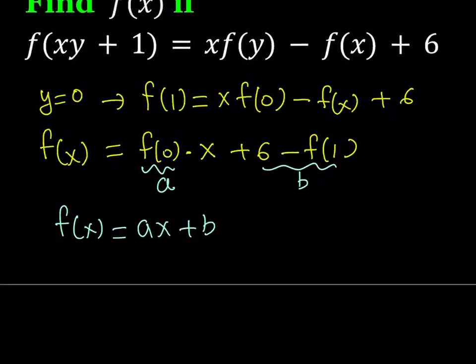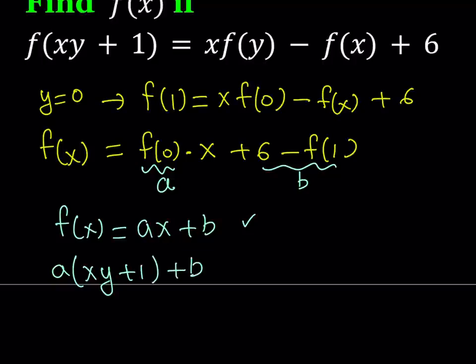So let's go ahead and do that. Replace x with xy plus 1 and see what happens. So f of xy plus 1 based on this equation is going to be a times the quantity xy plus 1, plus b.